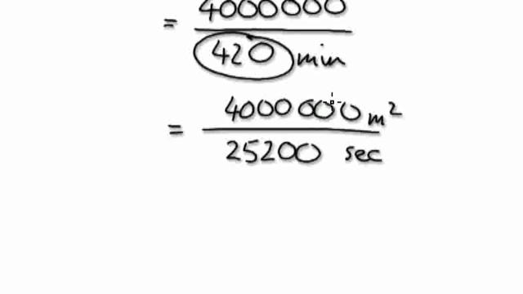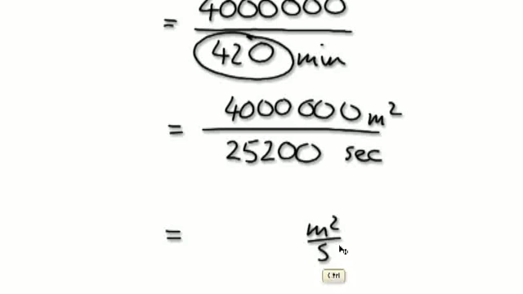Now here's the thing. This here is an area. Now this area divided by this many seconds, whatever the whole answer is at the end, will be an area in 1 second. That's just like saying area per second.